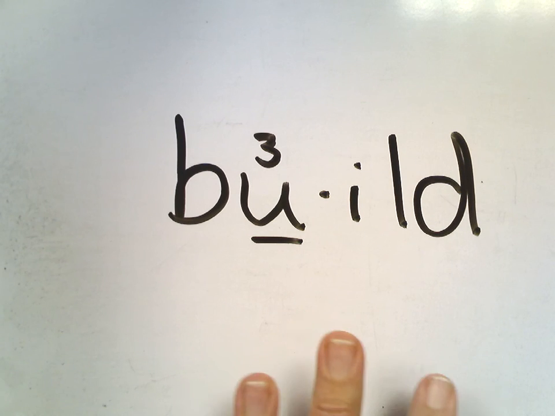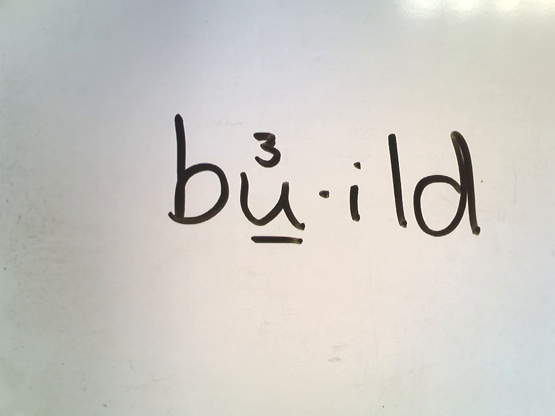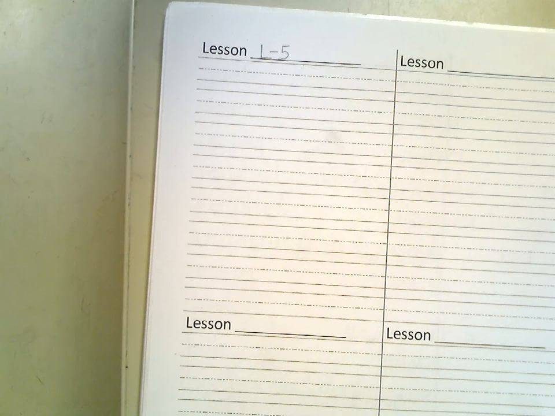All right, our next word is building. How do we say building to spell it? Good, we say boo-ilding again. So go ahead and write and mark boo-ilding on the next line.